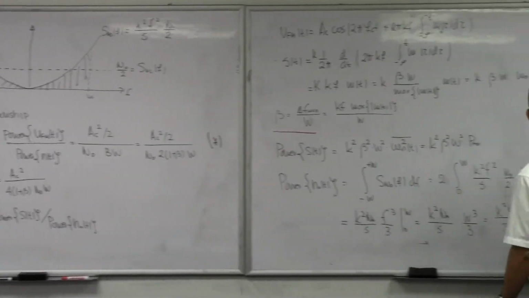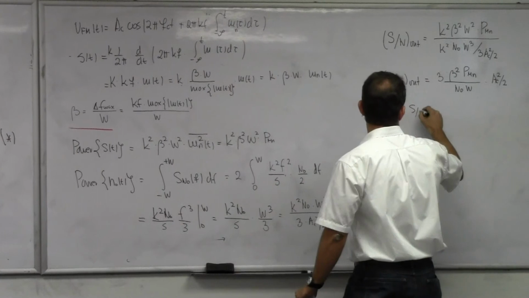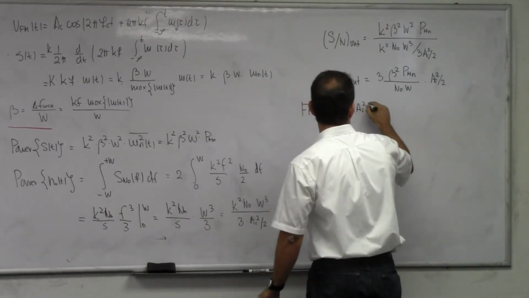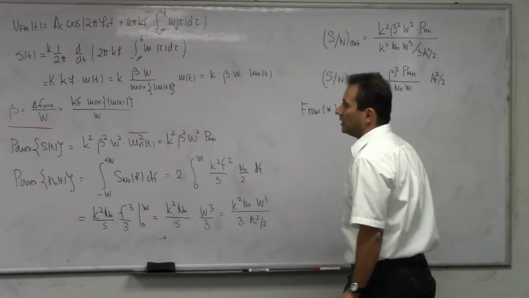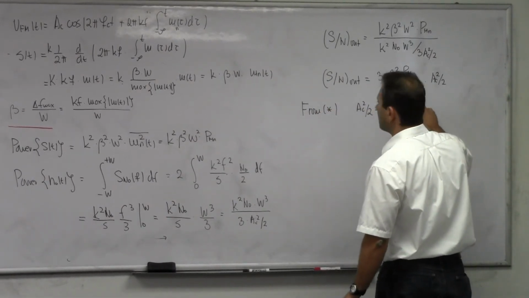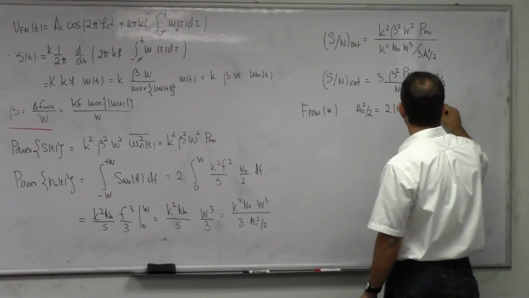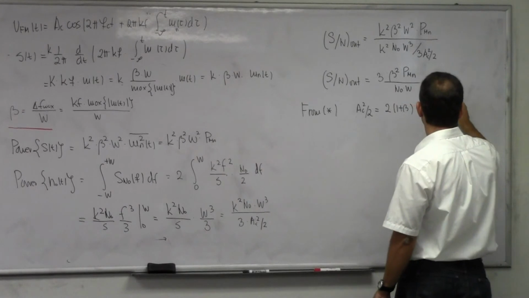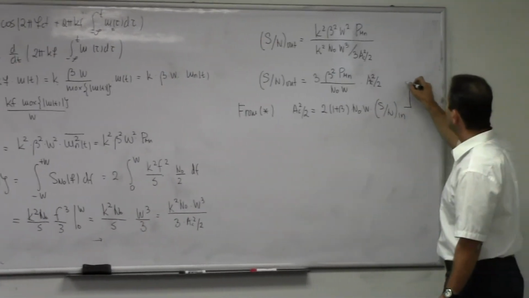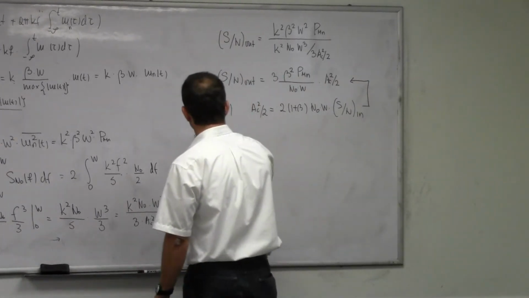So from star, AC squared over 2 is going to be equal to 2 times 1 plus beta times n0 times W times signal to noise ratio at the input. And now I put this in this expression here, and I get something that looks like this.